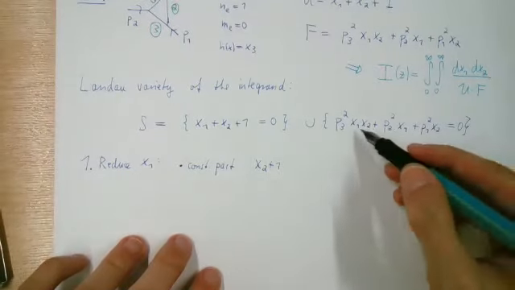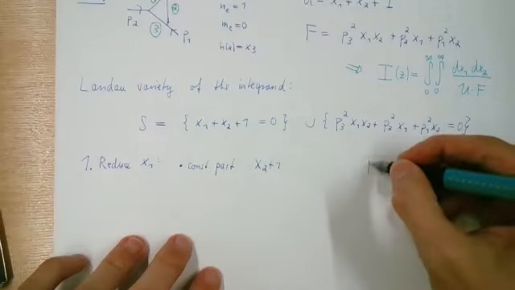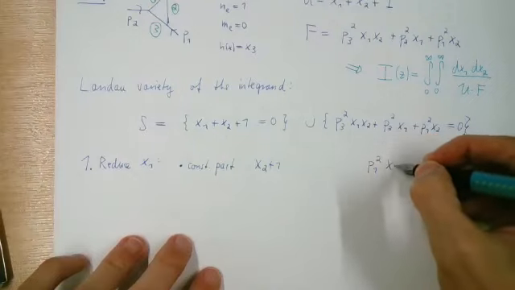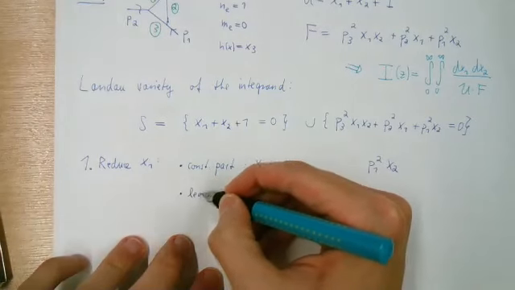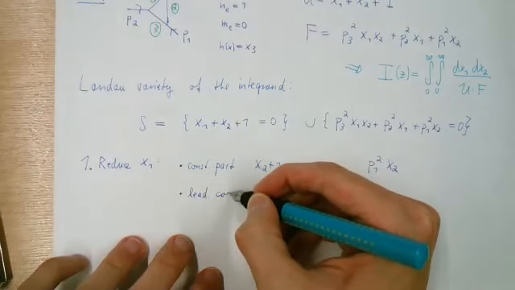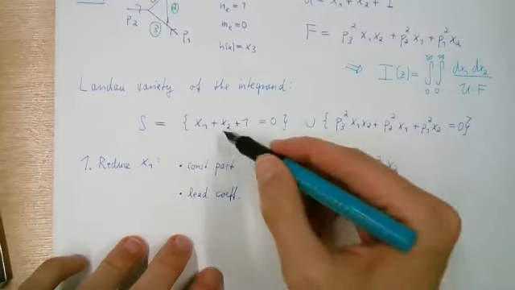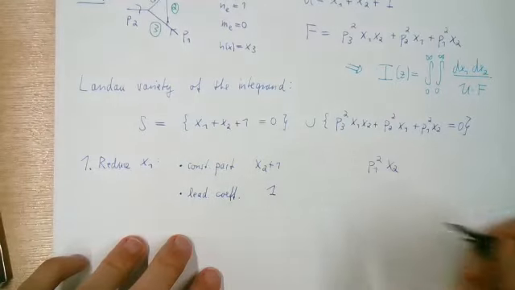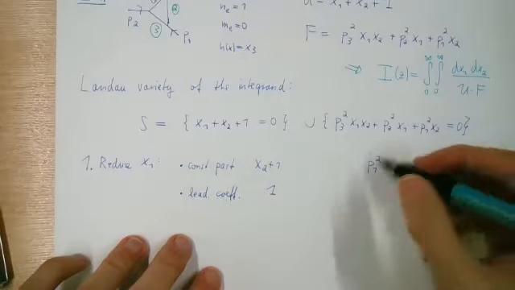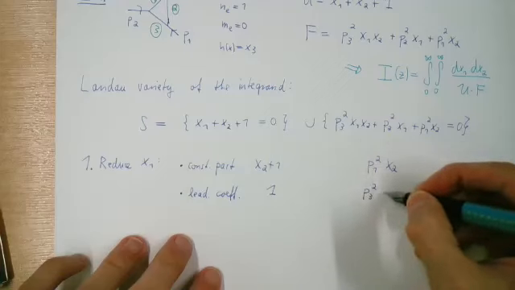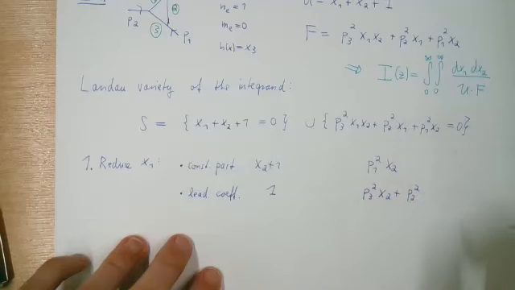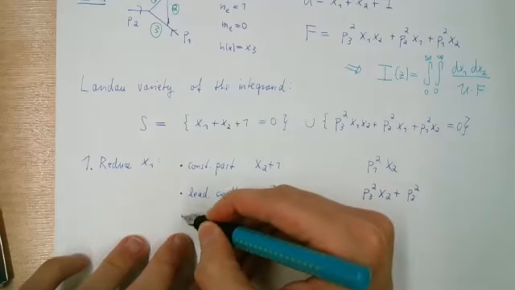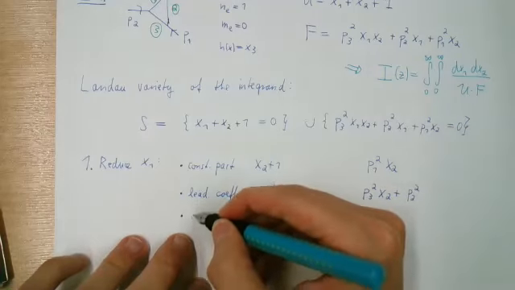And here, when we put x1 to 0, we get P1 squared x2. Leading coefficient: well, here the coefficient of x1 is just 1. And here the coefficient of x1 is P3 squared x2 plus P2 squared. Then we have the discriminants.